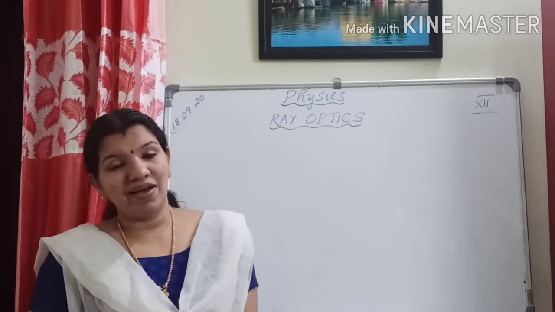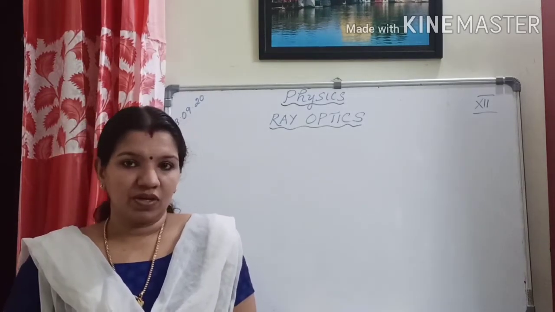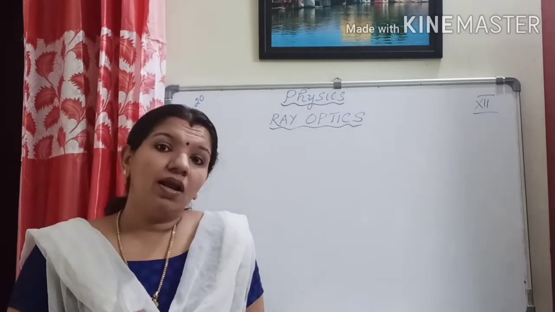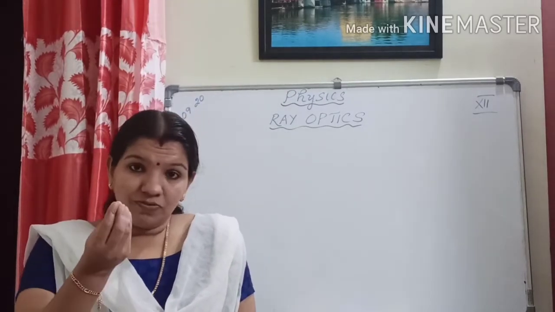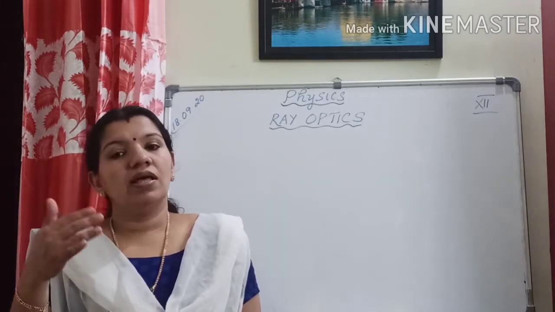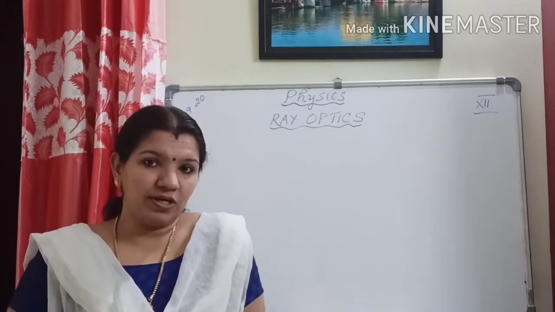Simple microscope you have seen in laboratory, that is a magnifying glass. It is a simple convex lens. That is why it is termed as simple microscope. It consists of only a single convex lens. You have to study the construction, then its working and also the equations for magnification.